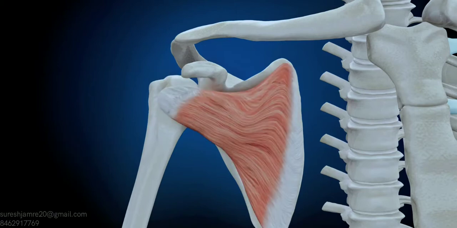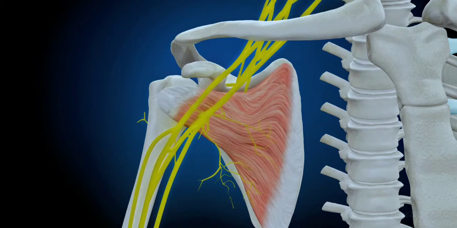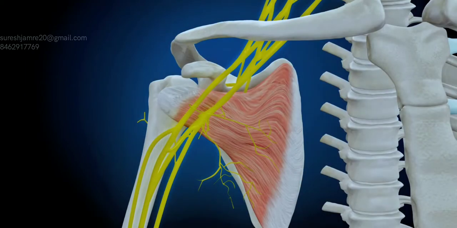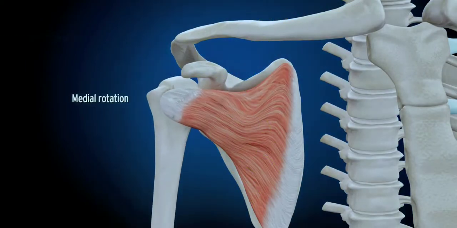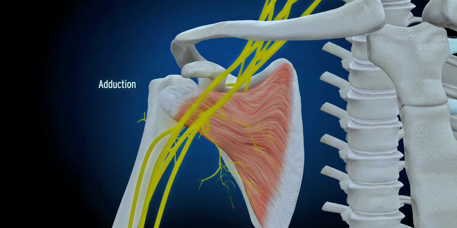Insertion: the subscapularis muscle converts into a tendon which passes anterior to the capsule of the shoulder joint. This tendon inserts into the lesser tubercle of the humerus. Nerve supply: upper and lower subscapular nerves, which have a root value of C5, C6. Actions: medial rotation of the arm. It also assists in adduction of the arm.